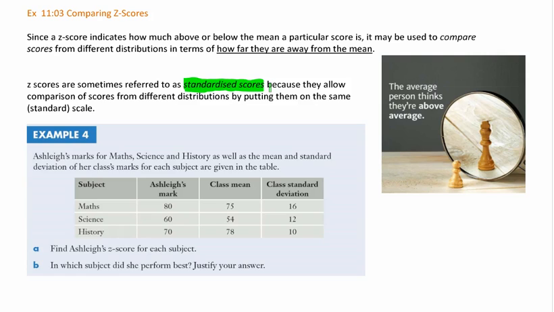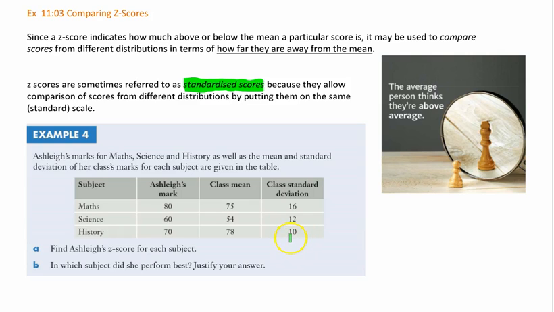Let's have a look at this example. Ashley's marks for math, science and history, as well as the mean and standard deviations of her class marks for each subject, are given in the table. So you can see that Ashley's mark was different for each subject. The actual mean is different for each subject, and the standard deviations are different.